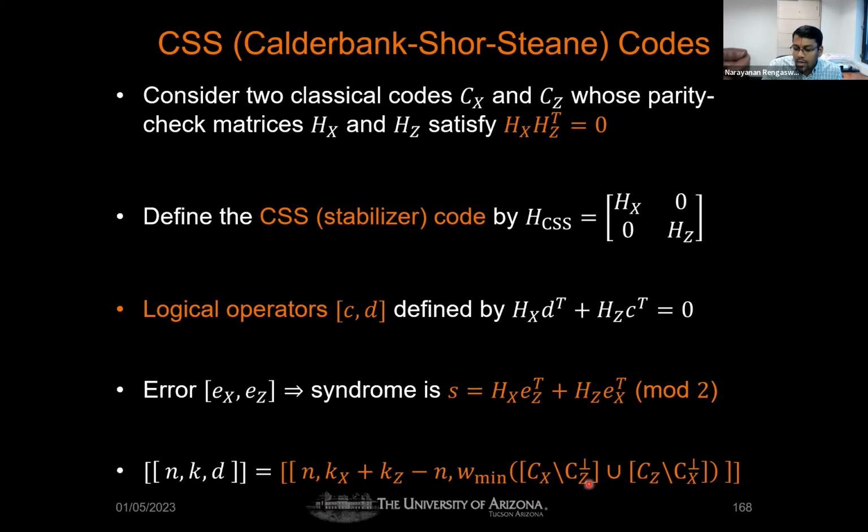So if you eliminate CZ dual from CX, and then similarly CX dual from CZ, and look at all vectors in the space and compute the Pauli weight of those vectors, the minimum Pauli weight gives the minimum distance of the code. And so this is just a nice construction that borrows from classical codes, the key constraint being that these two matrices must be orthogonal to each other.